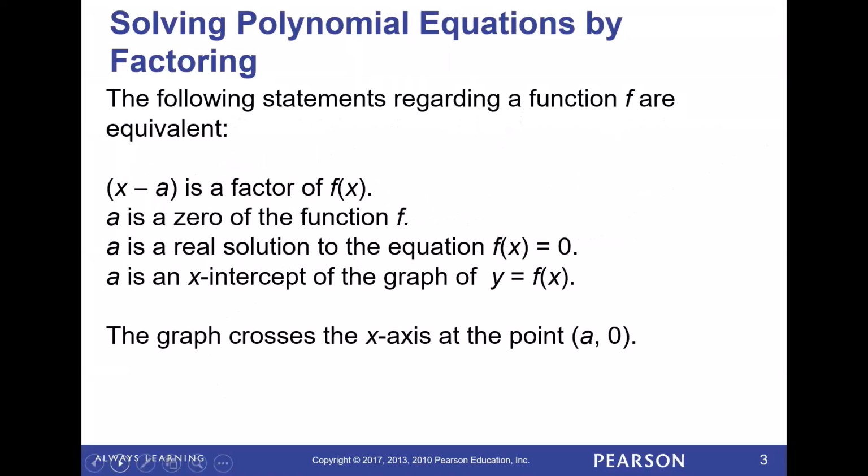So the first thing is terminology. Say you've got x minus a as a factor, okay? A being some number, and we're going to assume that it's positive or negative.